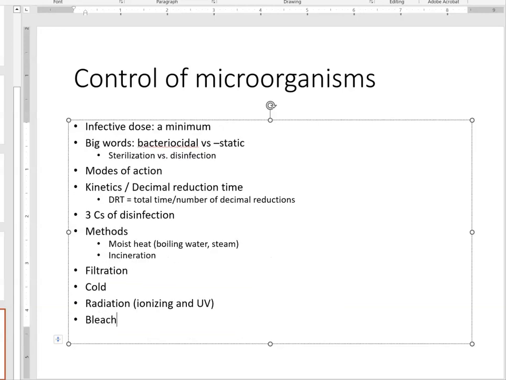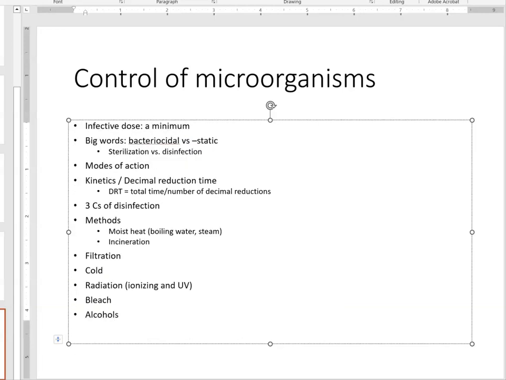Bleach, alcohols, like for hand sanitizer, it's good to know, and surfactants. So regarding these methods, make sure you know their modes of action, what they are, like know that steam is referring to an autoclave, know what an autoclave is, and know whether they are capable of routinely achieving sterilization or not.